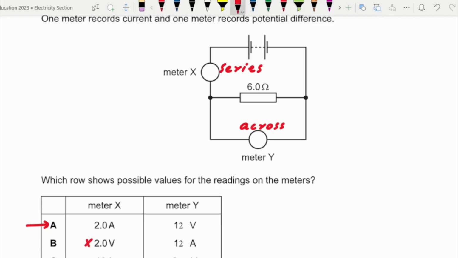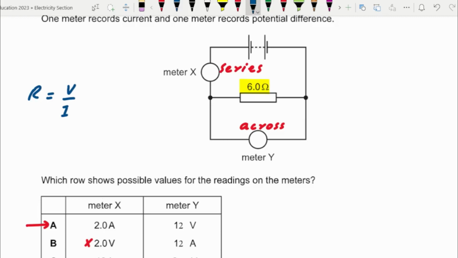Now we gotta choose from option A and C. Now the thing is, the resistance of the resistor is 6 ohm, so we need to consider this as well, that resistance equals the ratio of voltage to current. Now which one of these two options gives you the value of resistance as 6?